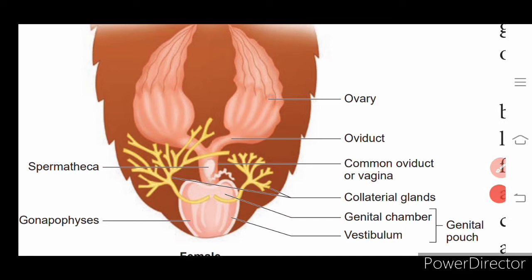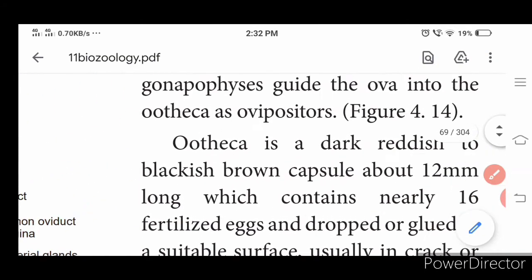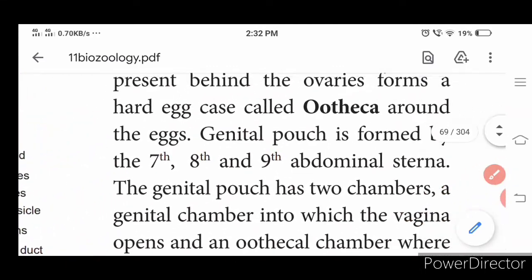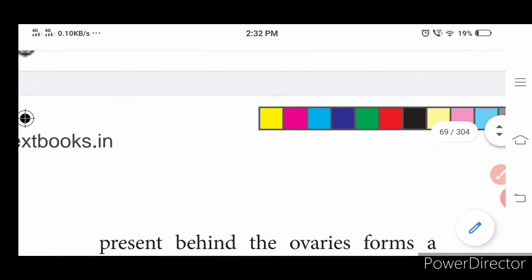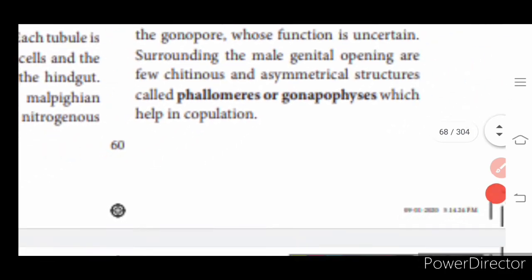And if you see the female reproductive system, it starts with the ovary and continues with the oviduct. Duct means tube, so because it starts from the ovary, it is called the oviduct. The collaterial gland is also helpful in the reproductive process. As you know, the role of the female reproductive system is to produce the egg.